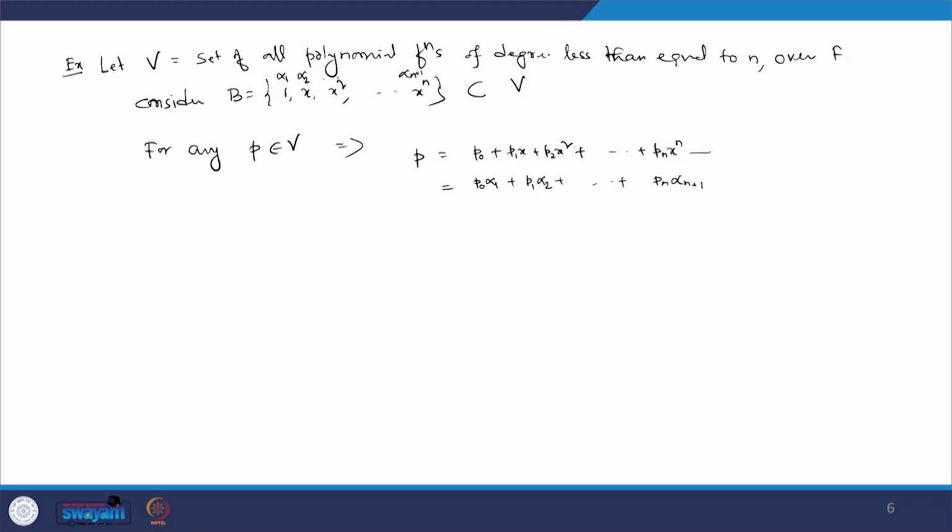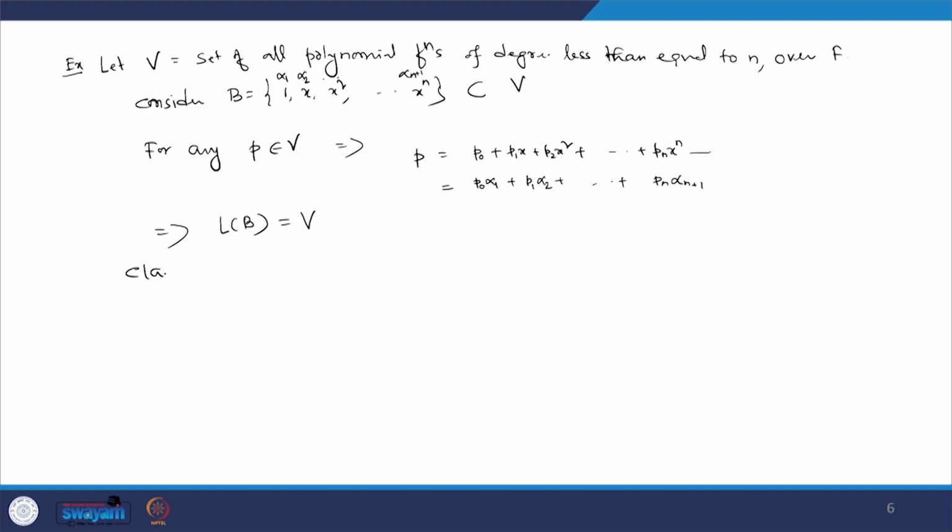So, the linear span of B is the set of all polynomial functions of degree less than or equal to n over F.